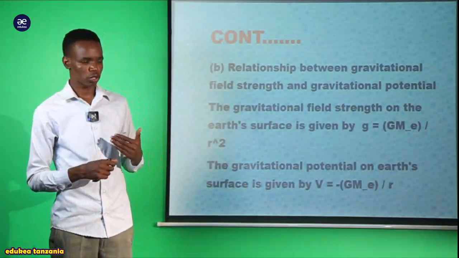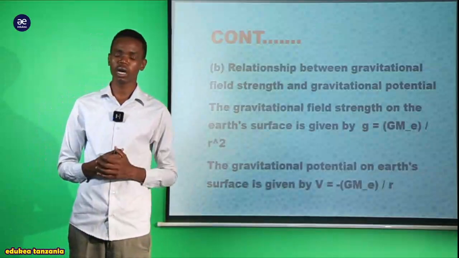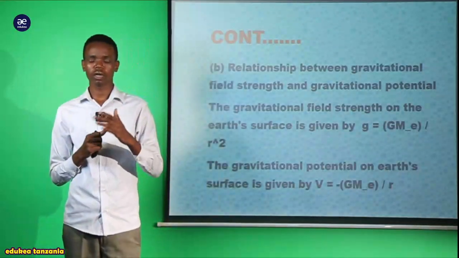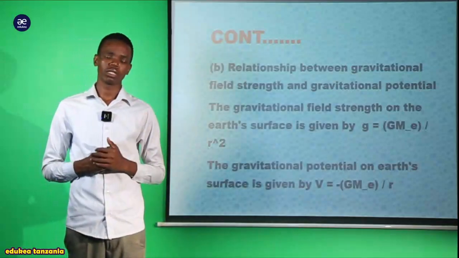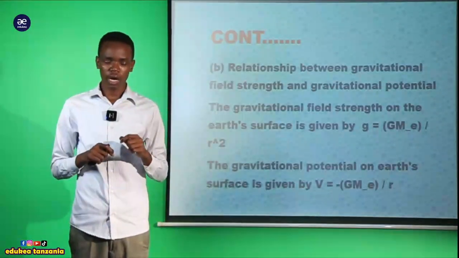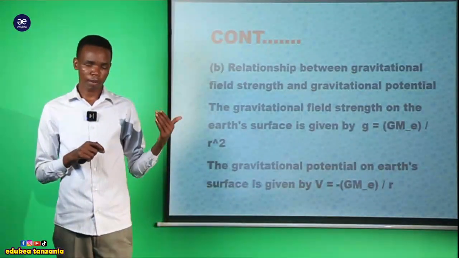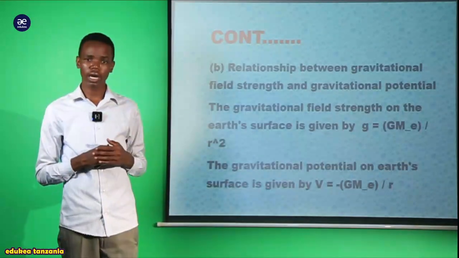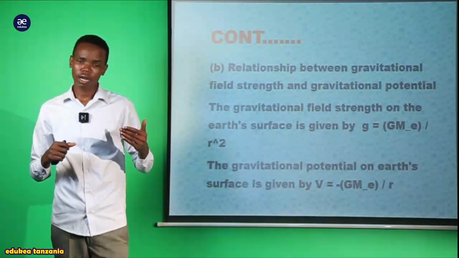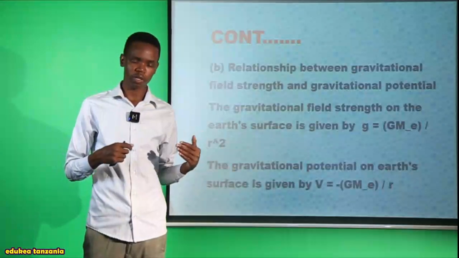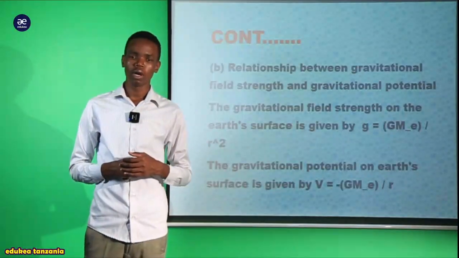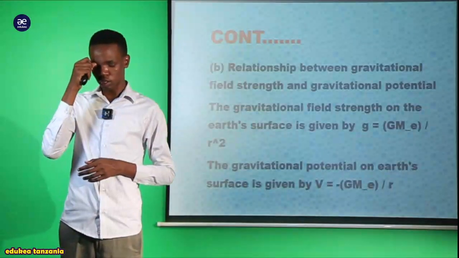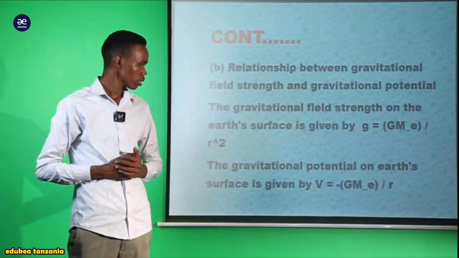We demonstrated that the work done must be equal to the gravitational force times the small distance. If we apply integration and divide by the mass of the body, we obtain gravitational field strength equals GME divided by R squared. This is what we saw on the last session.